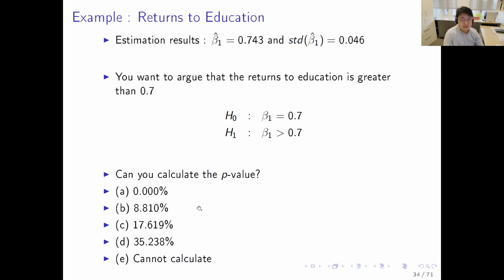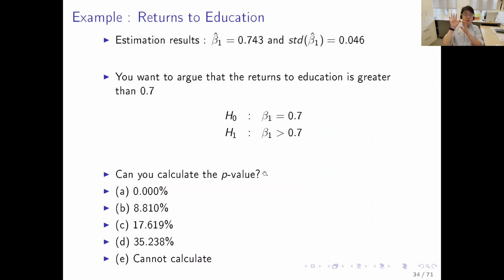Try to calculate the p-value based on this upper tail test. Pause the video now, and if you need a reminder, you can open the slides from chapter 10, where we learned how to calculate the p-value for an upper tail test.